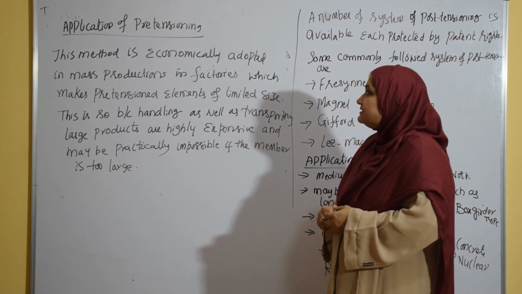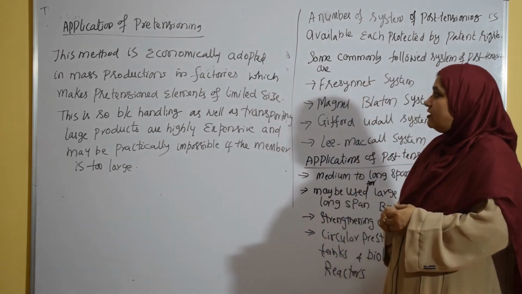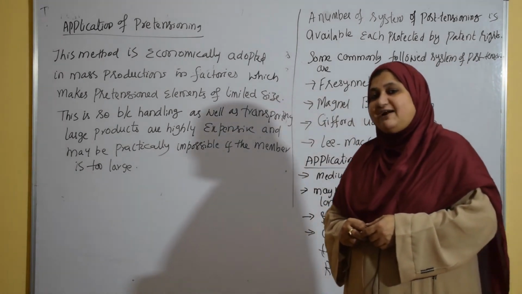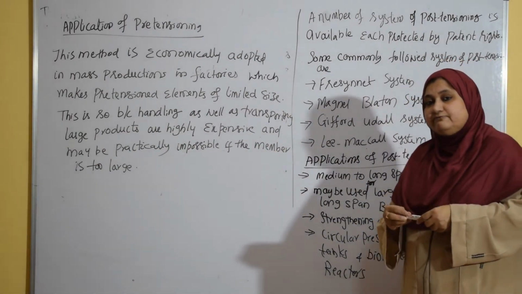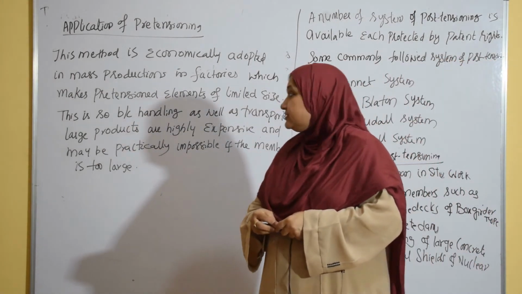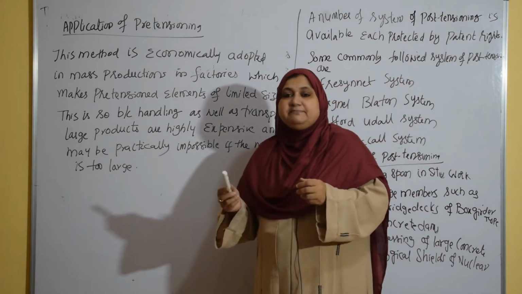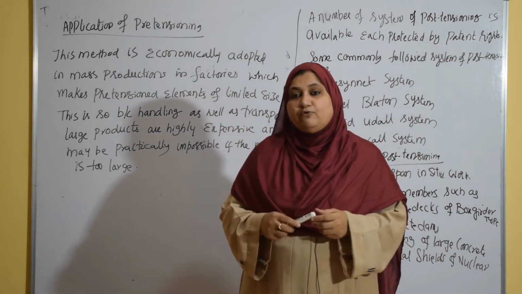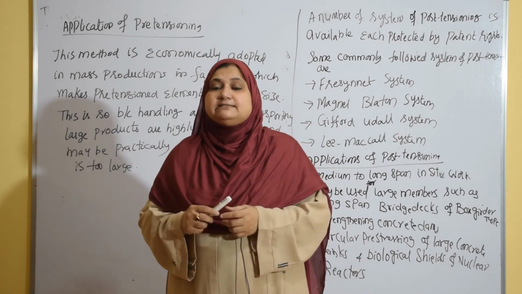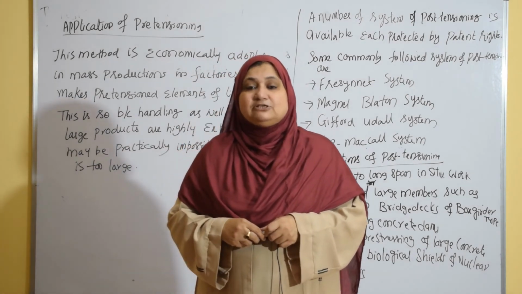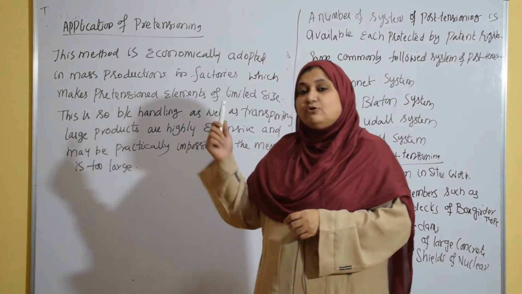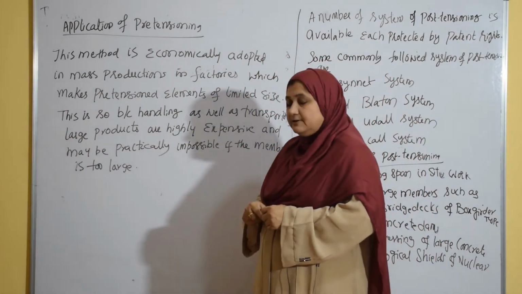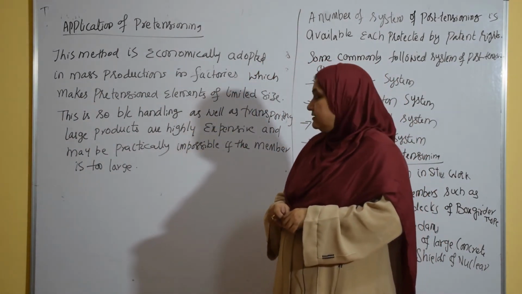So this method will be economically adopted in mass production in factories, where they will manufacture pre-tension elements of limited size. You want a beam, a wall, a slab, some limited size pre-tension elements will be manufactured in mass production in the factories.